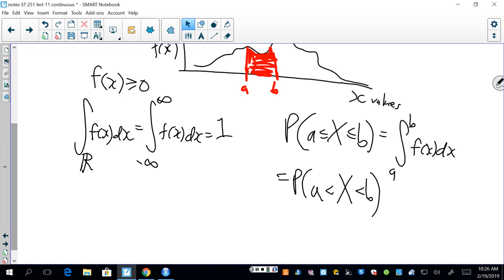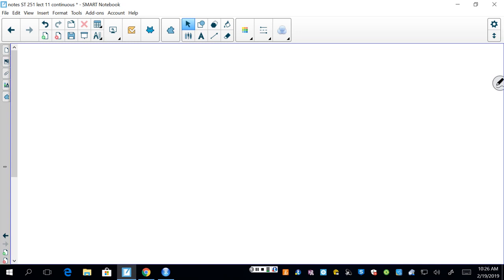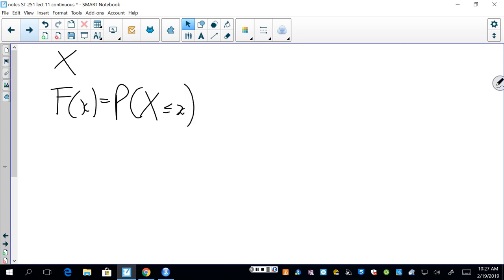We also can get a cumulative distribution function. Right? Another way to describe the random variable x is with its cumulative distribution function. It's the probability that x is less than or equal to x. And so that is an integral going all the way down to negative infinity, possibly, up to x of the density.